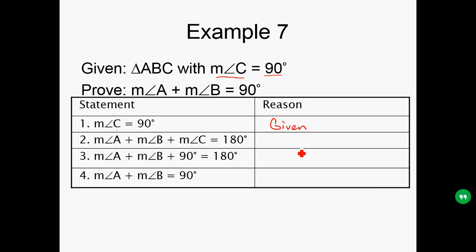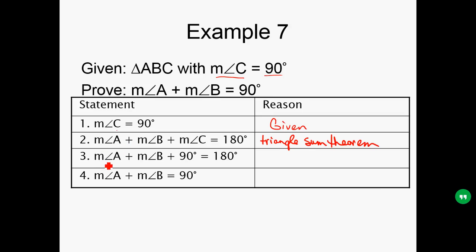Now if I go to number 2 and say the measurement of A plus the measurement of B plus the measurement of C equals 180, what allows me to make that statement? The fact that it's a triangle. So this is the triangle sum theorem. The triangle sum theorem allows me to make statement number 2.